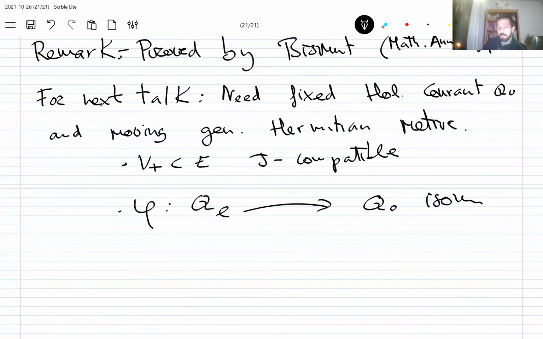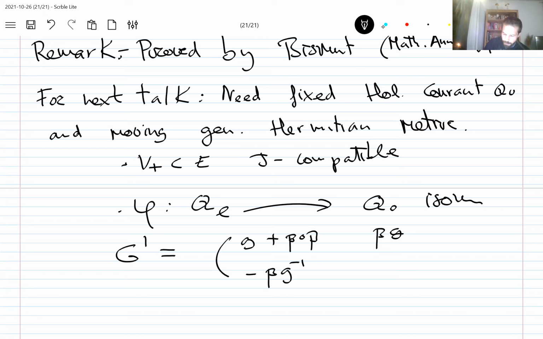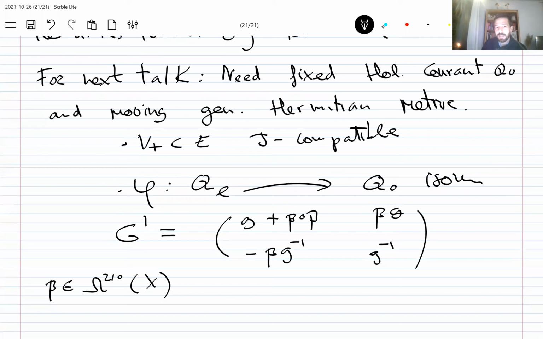In the end, this turns out to be explicit, written down in terms of explicit tensors. And you end up with some metric, which is now of the form G plus beta, beta minus beta G minus 1, beta G, G minus 1, where beta is a 2-0 form on X. This beta is essentially the isomorphism phi, and it has to satisfy a relation between h naught and d^c omega.